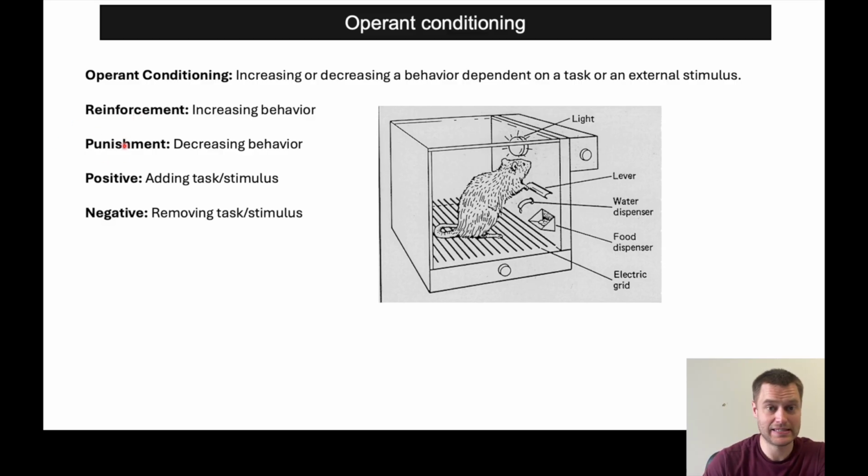Punishment in this context means decreasing behavior. And similarly, you could have positive punishment or negative punishment. And that's not referring to whether or not punishment is good or bad. It is just saying you either have a positive form of trying to decrease behavior or a negative form of trying to decrease behavior. So positive in this context means adding a task or a stimulus, whereas negative means removing a task or a stimulus.